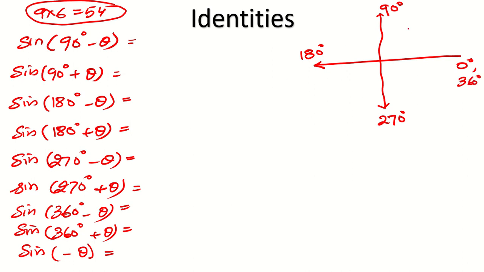Now if I say that the angle lies in the first quadrant, then it can be 90 minus theta, because a first quadrant angle will be smaller than 90 degree, or after one cycle it can be more than 360 degree also, because all the trigonometric functions are periodic functions.